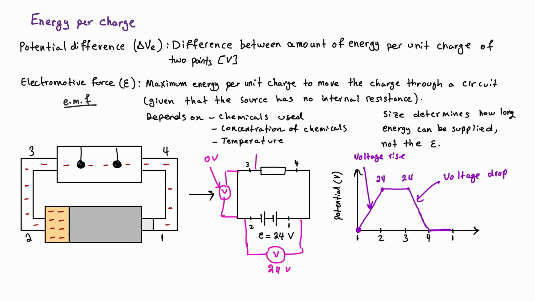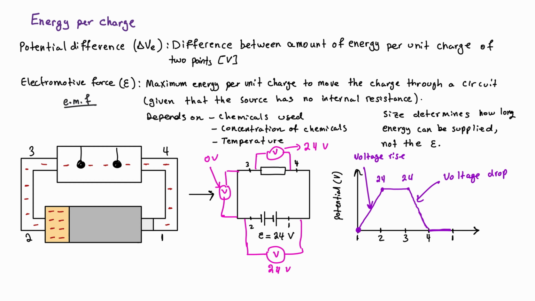The potential across points 3 and 4, if I'm measuring that, well, the potential to do work here is 24 volts, and once it bumps into pieces, it has no energy left to deliver anymore. So it's going to have 0 potential energy to do work here. So this reading is going to be 0 minus 24. I'm just going to take the magnitude, or the size of it. It's going to be a reading of 24 volts, but this time it's a drop because it goes from a higher value to a lower value.